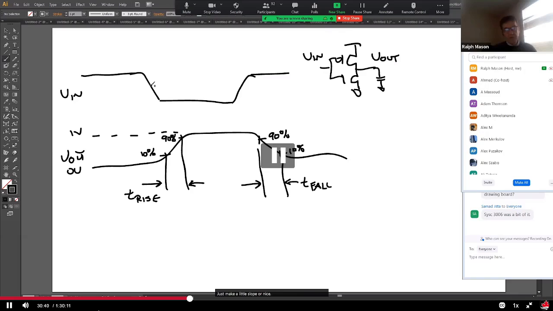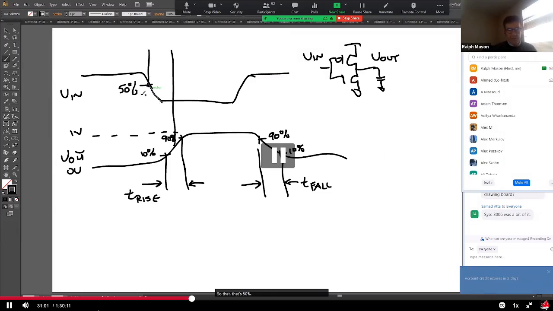We also have another term that's very commonly used, which is to go from the 50% of the input to the 50% of the output. We're going to call this the delay time, T delay.